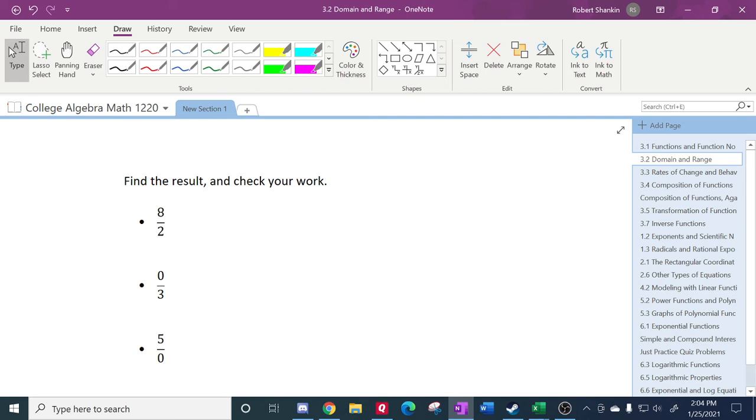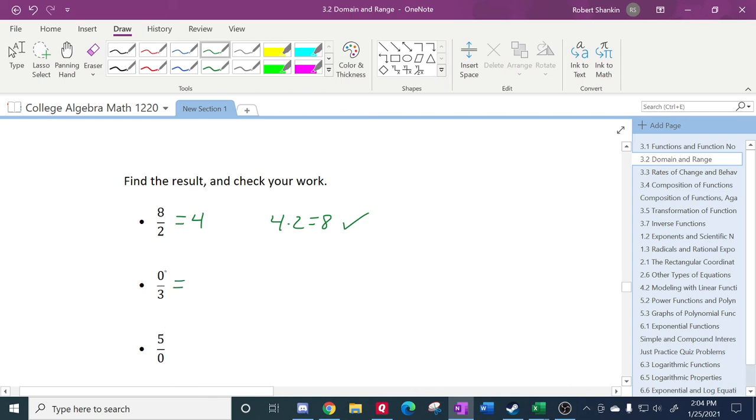All right, let me have you stop. This is equal to 4, and I can check my work by taking 4 times 2 equals 8. That times that is going to give you that.